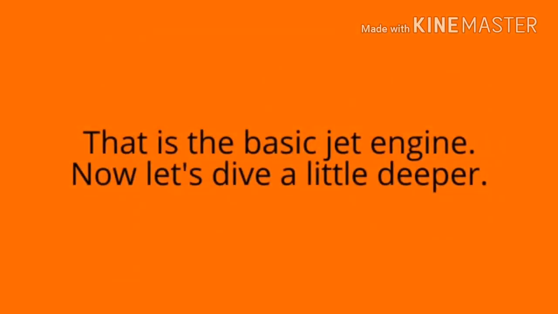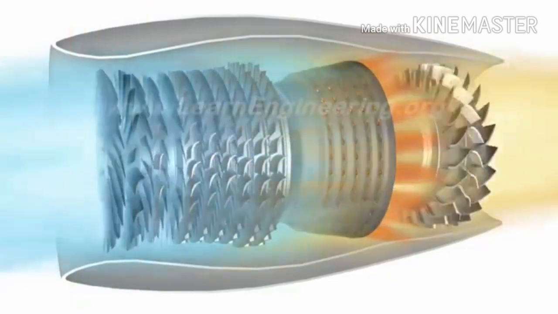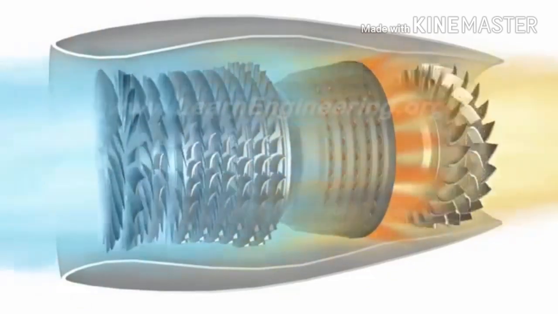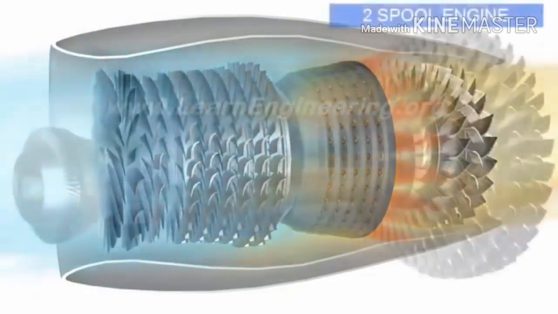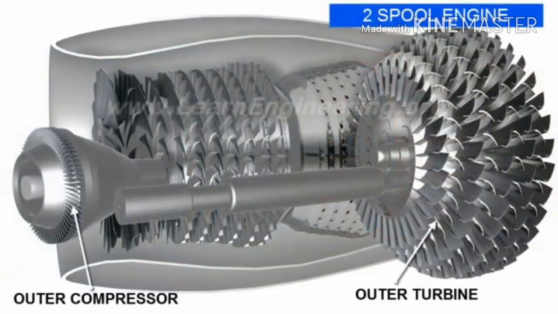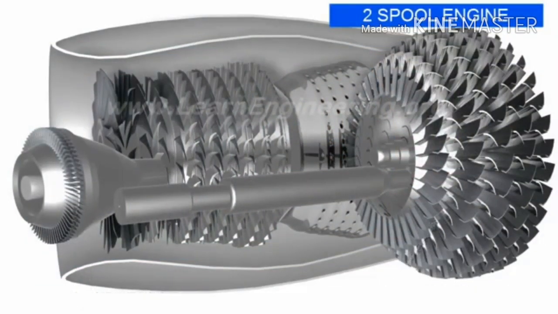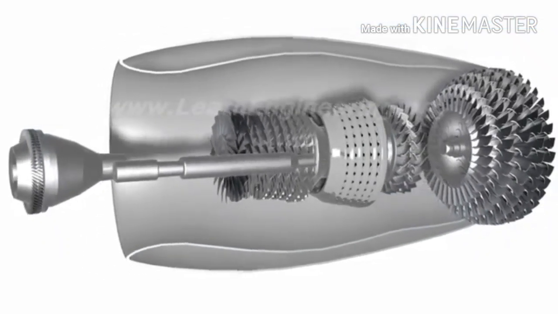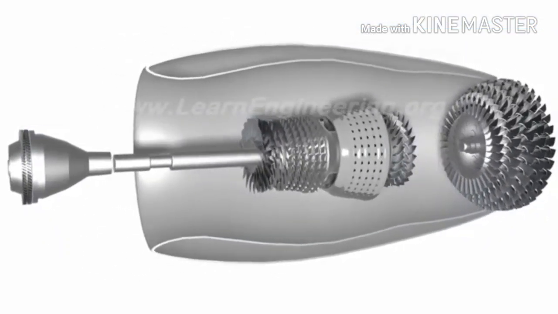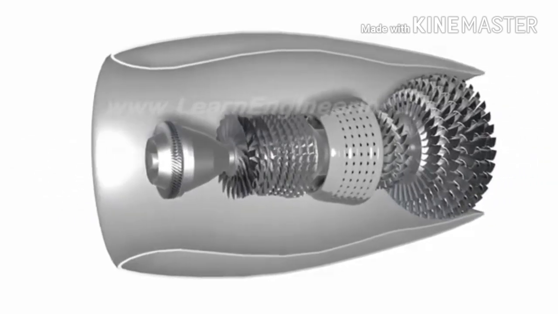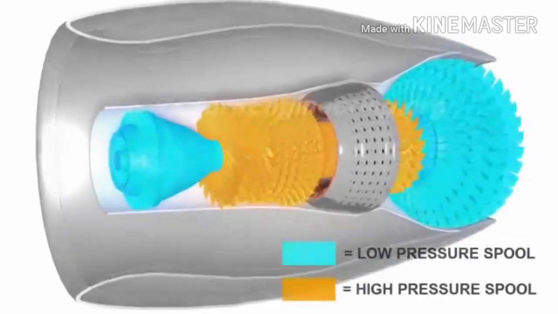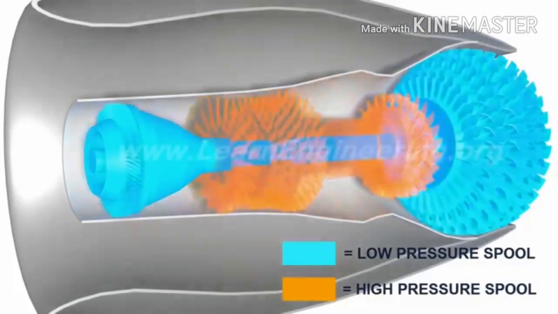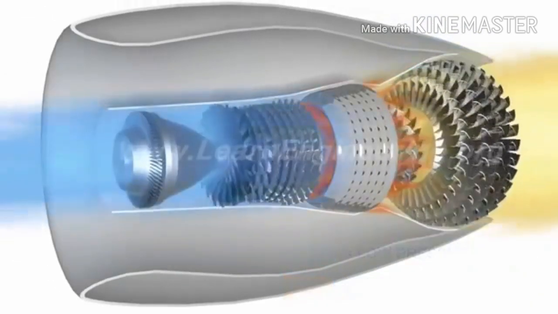Now let's dive a little deeper. A modern day jet engine uses a two-spool engine, consisting of an outer compressor and an outer turbine, which is aligned with the compressors as shown. The compressors vary both in temperature and in pressure, as you can see.